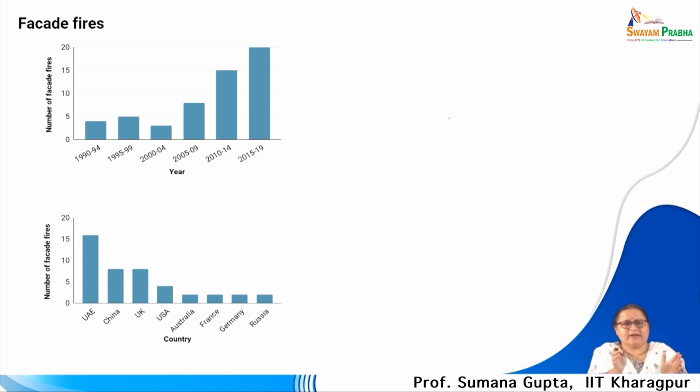So, with my context, I have to choose my material. And if you see the number of facade fires from 1990 to 2015 to 19 is quite high. It is 20 numbers of facade fires that have happened in the recent past, whereas it was quite low when the building material properties were not of that order.